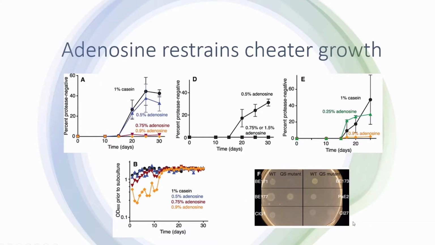In all cases, we see that the wild types did grow. So there's nothing wrong with adenosine as a growth medium. The normal Pseudomonas is able to grow in this medium, and it really doesn't have any troubles with it. But we do see that generally there is no growth when their ability to quorum sense is taken away, with the exception of BE177.